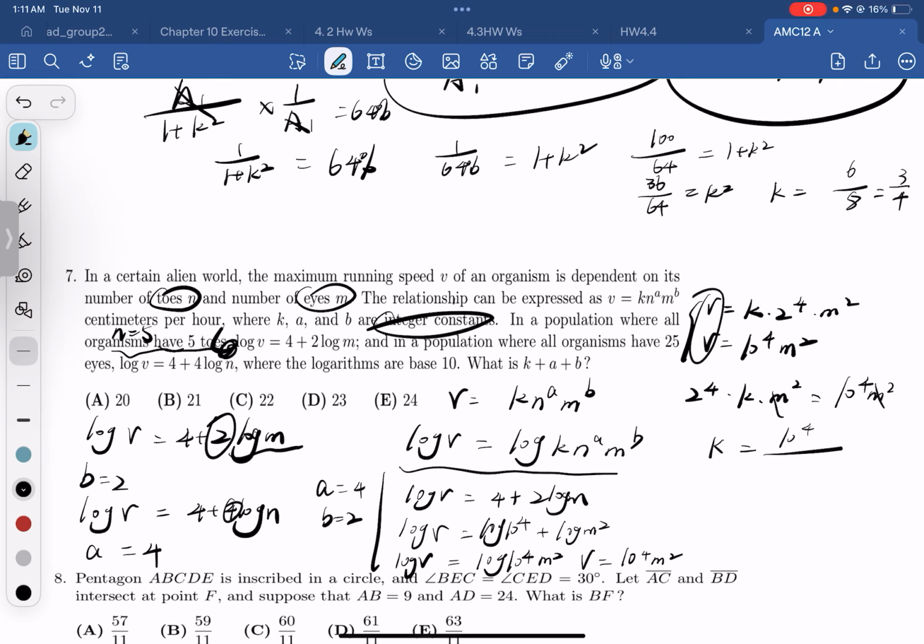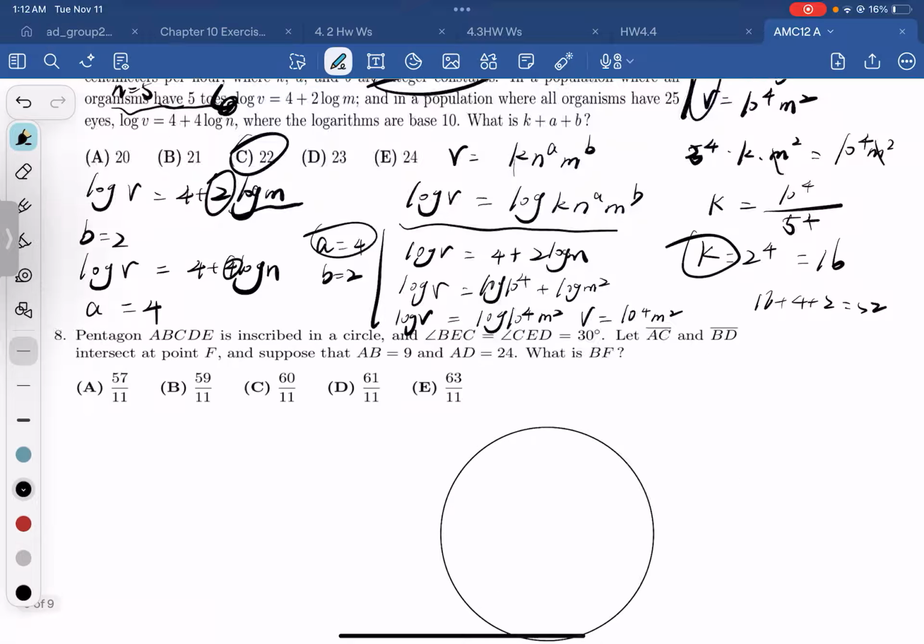Oh, I mean it's 5. 5 raised to the power 4. So it goes to 2 raised to the power 4, and it's 16. So k is 16, a is 4, b is 2. The value is 16 plus 4 plus 2, which is 22. The answer is C. Let's see the next question.